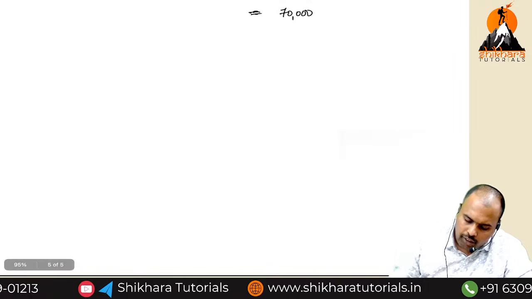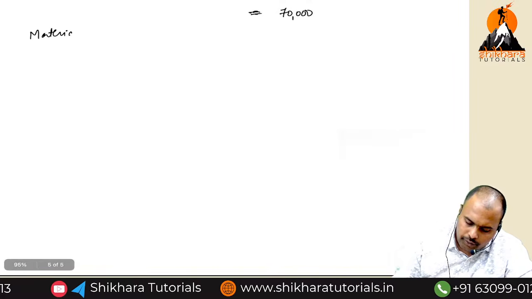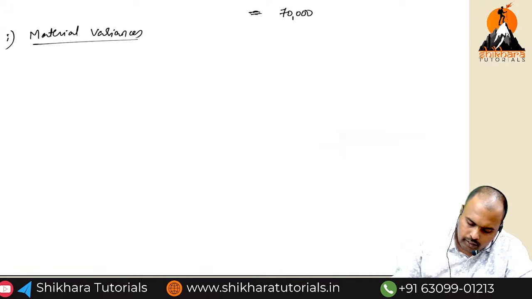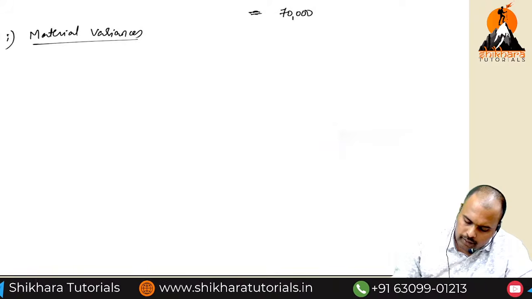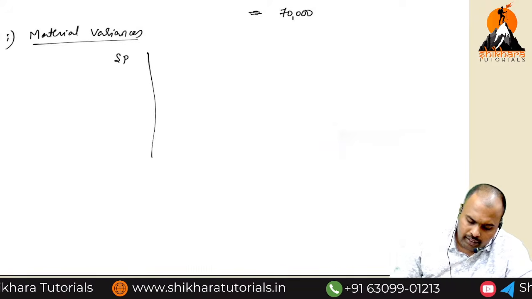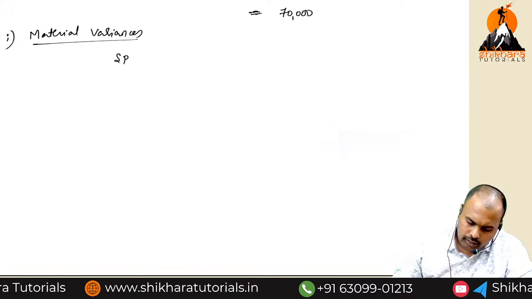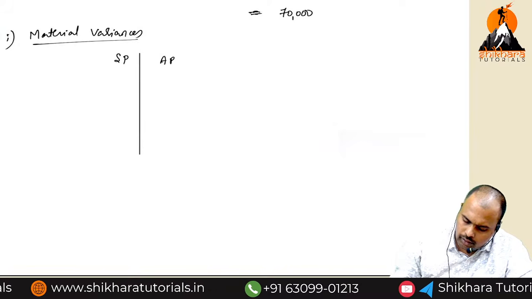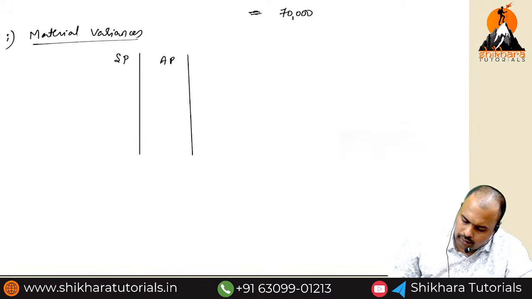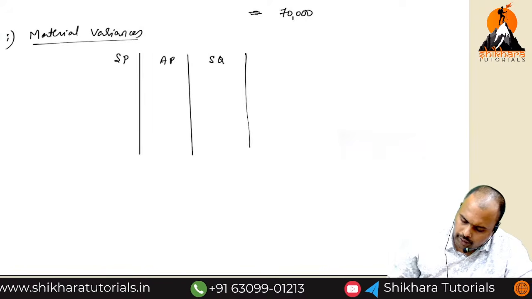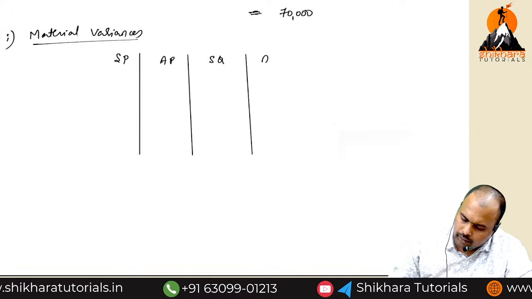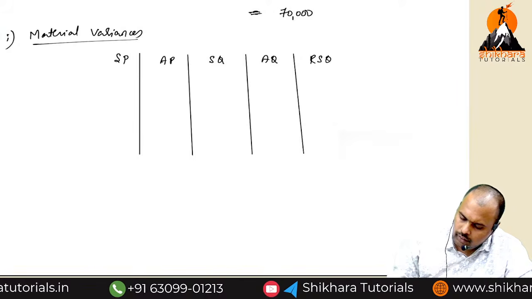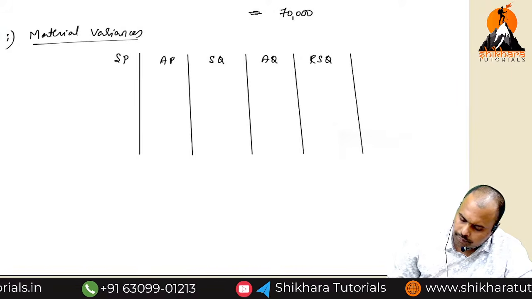So to calculate all the variances, I should collect the data first. So first material variances. Standard price. There are two materials, right? Actual price, standard quantity, actual quantity, revised standard quantity.